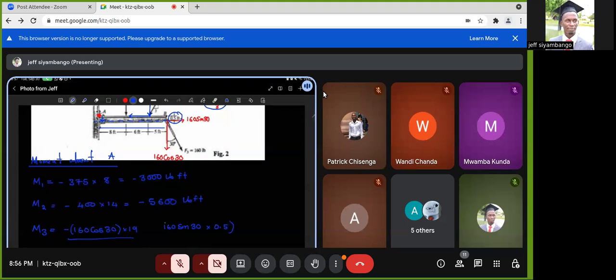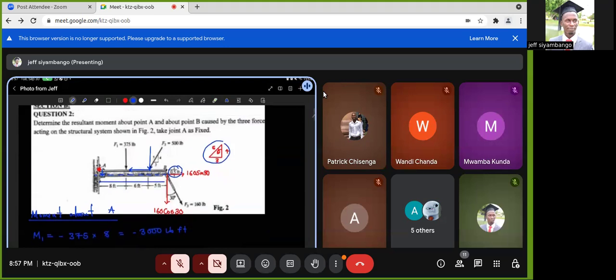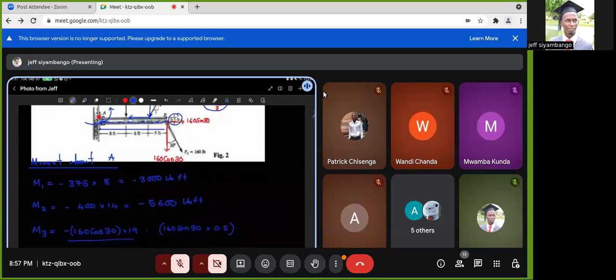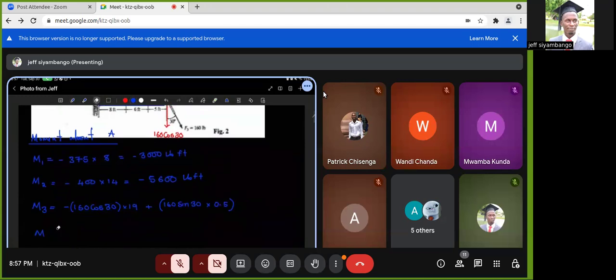The only difference now is that this x component of F3, notice that it will be causing anti-clockwise moments about A. So because it will be causing anti-clockwise, this one will have to be positive. If you're not comfortable with this, you can look at them as two separate forces, to cause M4. In this approach, you'd have to get this and bring it here. In the same way, you'd still get the same answer.